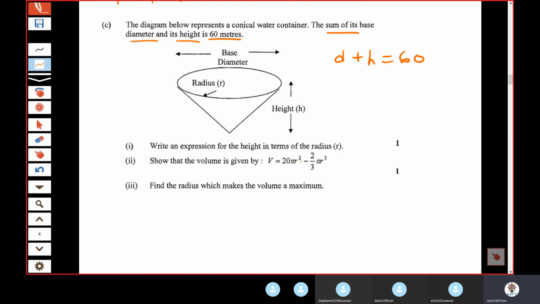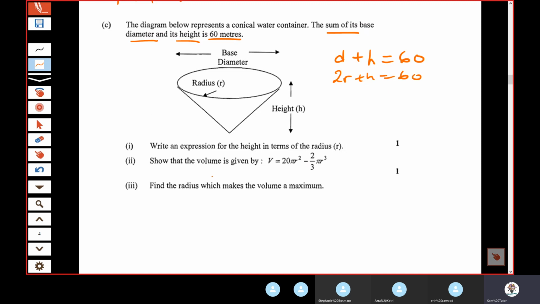Or in other words, I see they've used what letter? So I'll straight away go, 2R plus H equals 60. Right? Good. Then I'll just leave that. I don't use it right now.